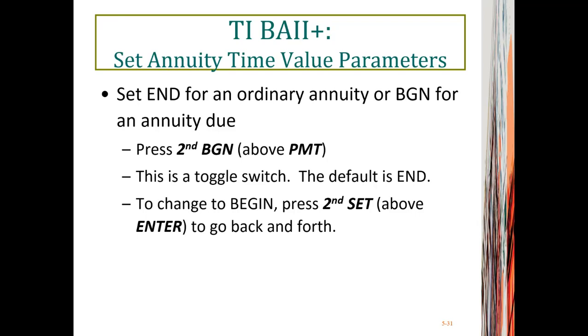And if you want to change it back to end mode, then you need to do second BGN, second enter. So here's a switch for you to go back and forth between beginning mode and end mode. That is second BGN, second enter.